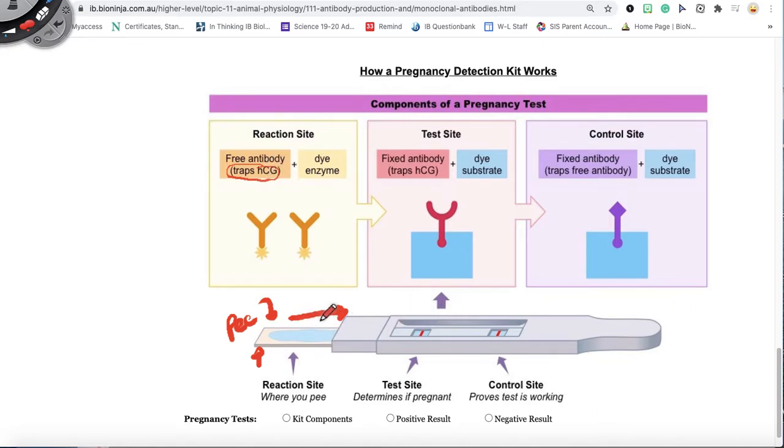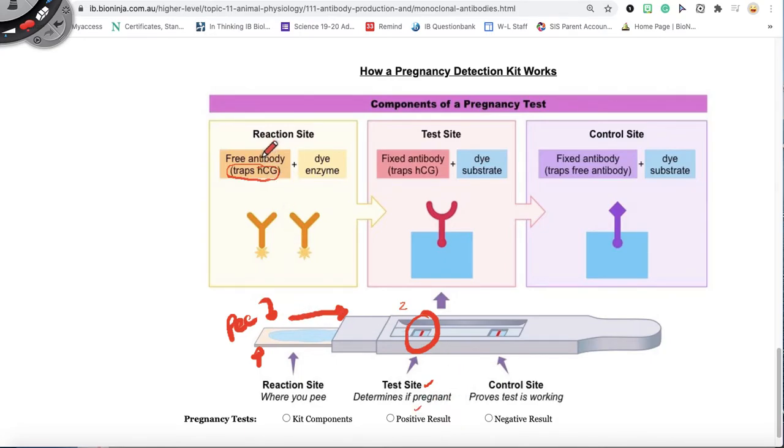As these free antibodies move along the strip, when they reach the second test site, they also react with the fixed antibodies that cannot move, and these fixed antibodies also trap the HCG found in the urine. They react with the dye, so this line turns blue and appears. If this line appears, that means you're pregnant. That means a positive result.